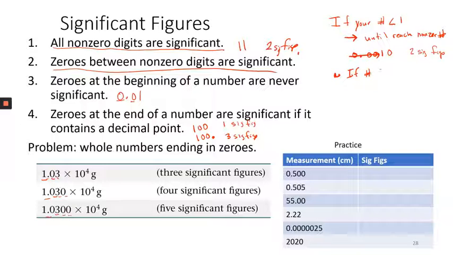If your number is greater than 1 and there is no visible decimal place or decimal point, you draw your arrow to the left until you reach a non-zero number.